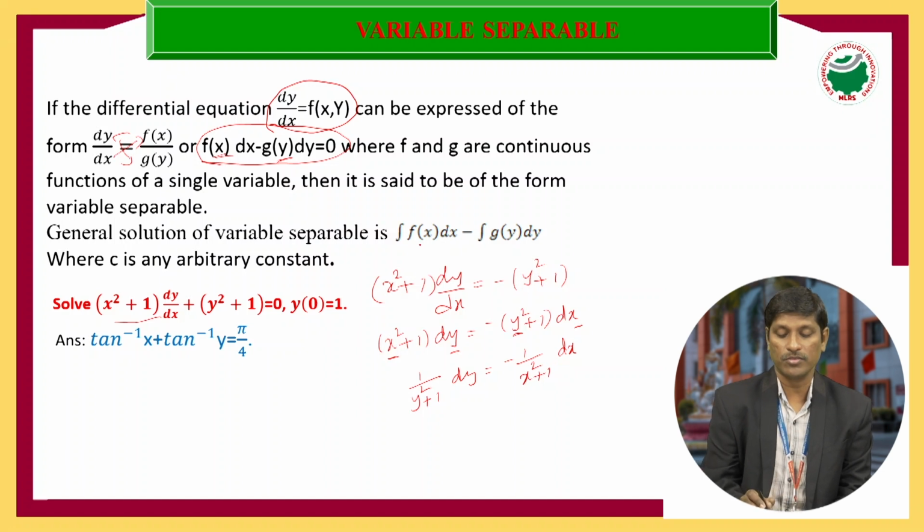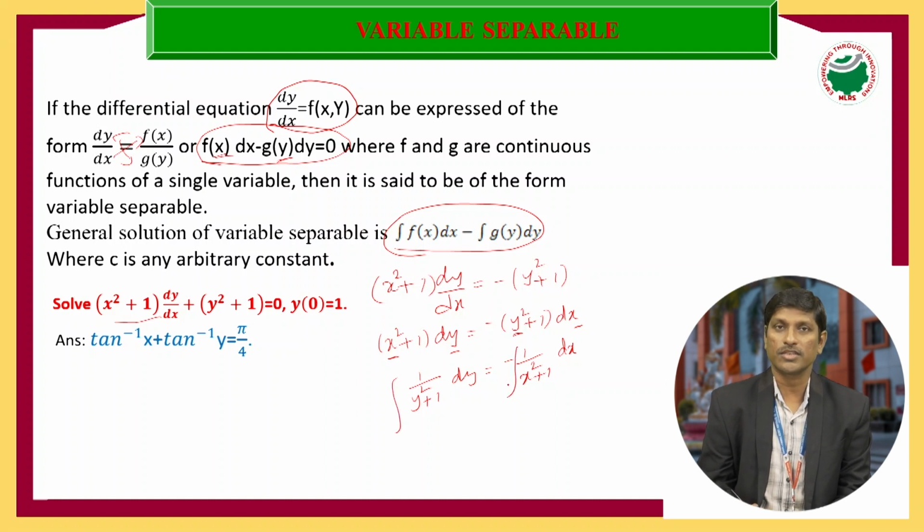After separating the variables, we apply integration, integrating on both sides. Integral of 1 by (y square plus 1) dy is equal to minus integral of 1 by (x square plus 1) dx. The integral formula for 1 by (1 plus y square) is tan inverse y.